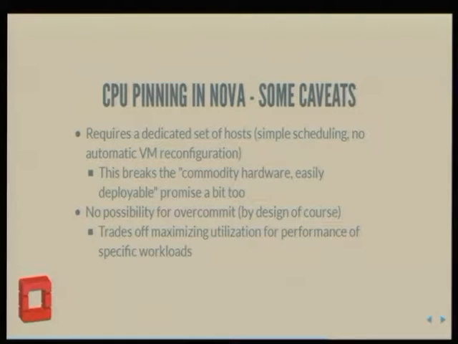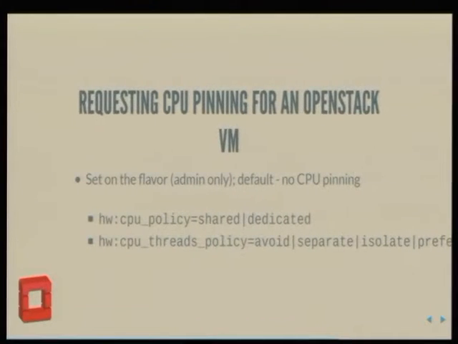And there's obviously no overcommit in this case, because this defeats the purpose of dedicated resources. The subtlety here is that it trades off maximizing hardware utilization for having high performance VMs, which are the more expensive VMs that people want.